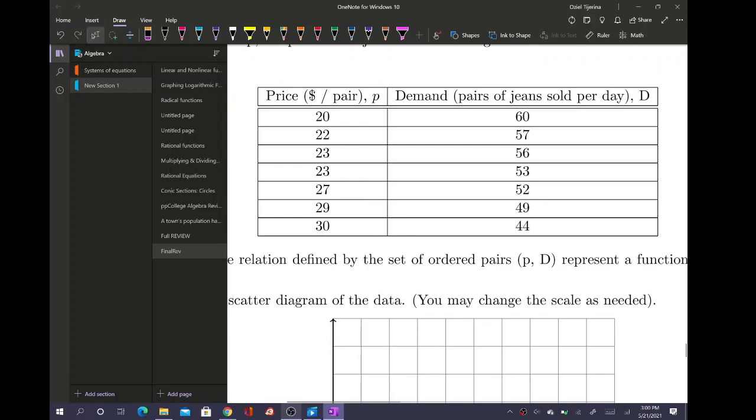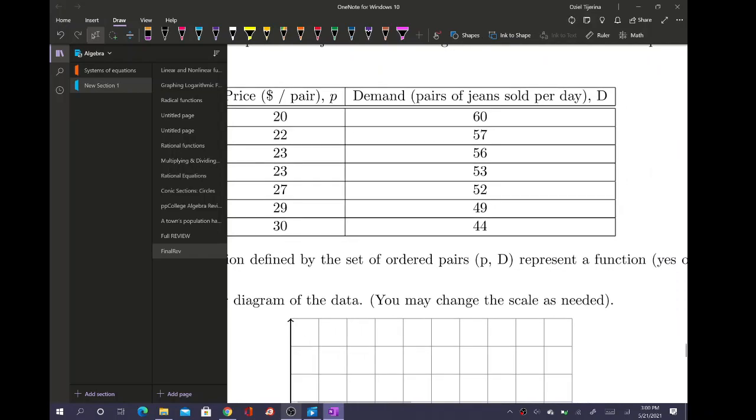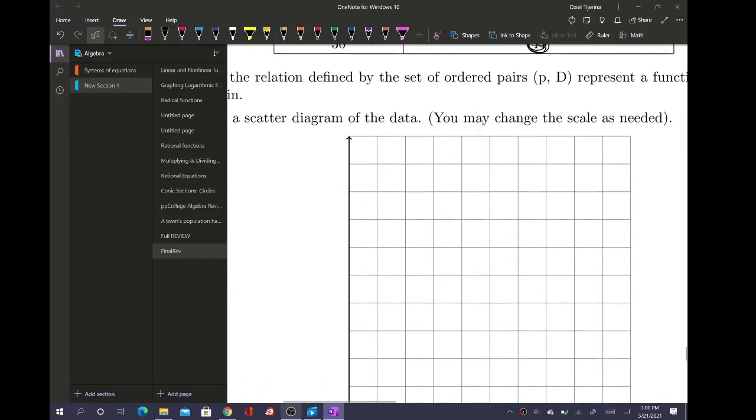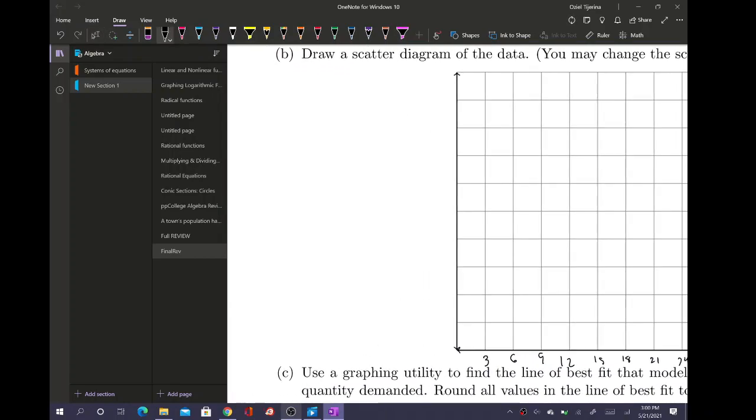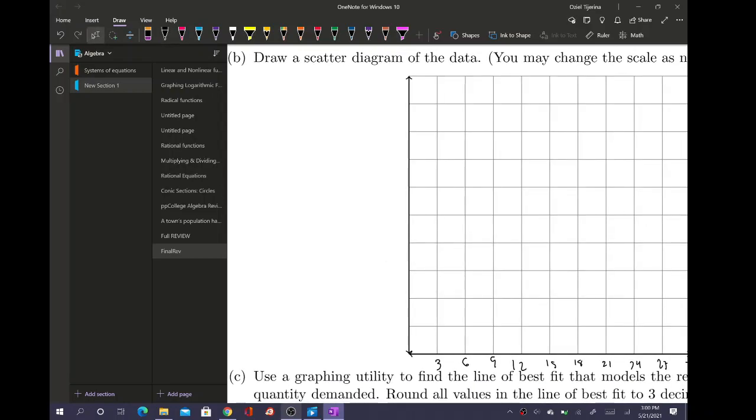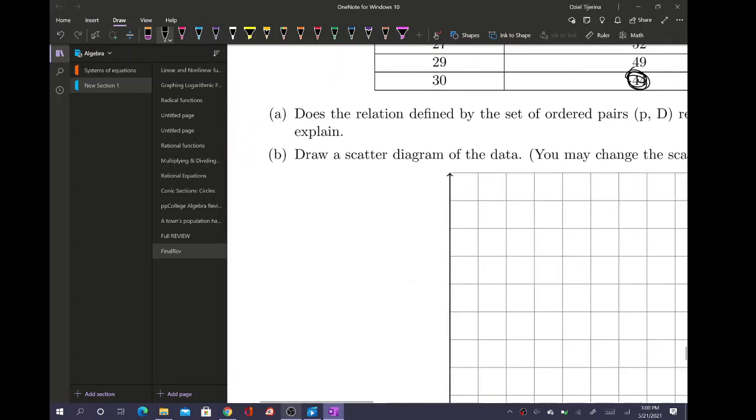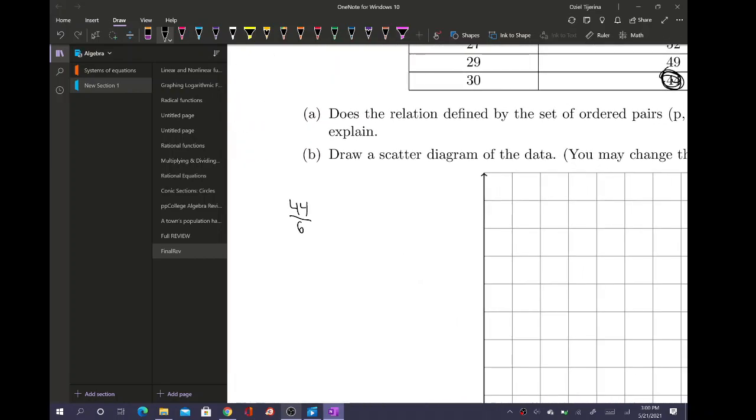And then over here, it goes from 44 to 60.